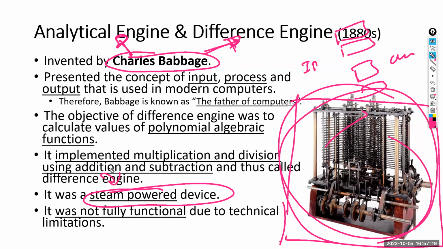Only then came the hydrocarbons like petrol, diesel. This is 1880. So at that time, he managed to power it using steam power also. Therefore, this is a serious effort to make a computing device.